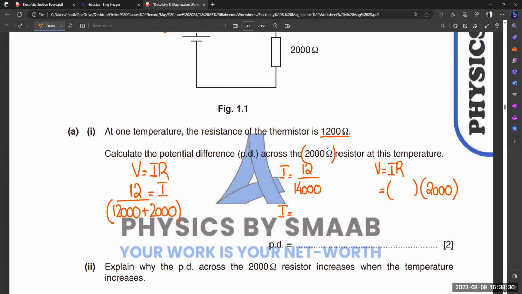So what will be your final answer? First, 12 divided by 14,000. It is 8.5 multiplied by 10 raised to the power of minus 4.